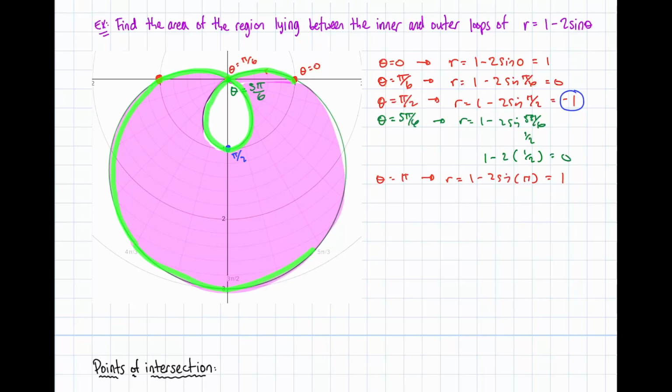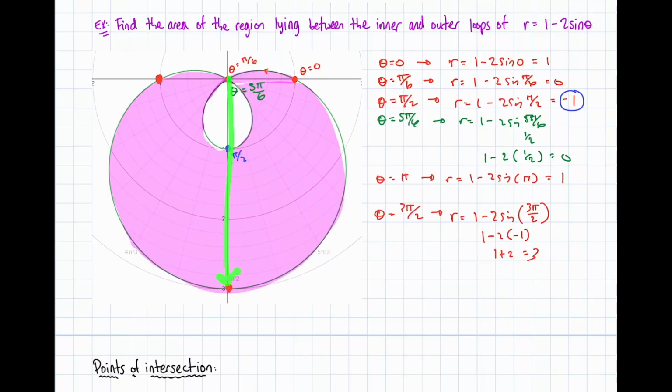Let's make sure that 3 pi over 2 hits. r equals 1 minus 2 sine of 3 pi over 2. The sine of 3 pi over 2 is negative 1, so I get 1 minus 2 times negative 1, which is 1 plus 2, which is 3. That is this point right here, because I'm going in the 3 pi over 2 direction, 3 units down. Fantastic. So 0 to 2 pi works for me. I'm back at the start at 2 pi.